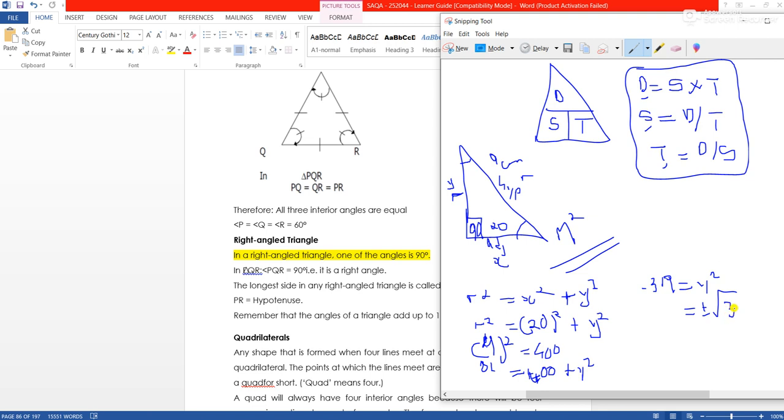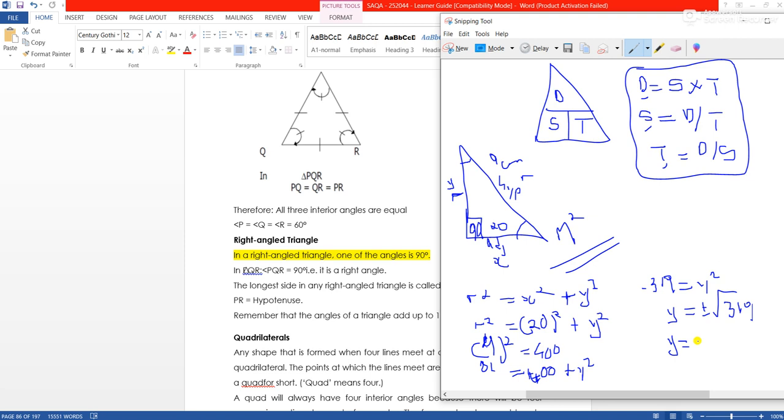It's 319. y is equal to the square root of 319. It's not even minus, it's plus. Yes, it should be plus, because minus will give you undefined.